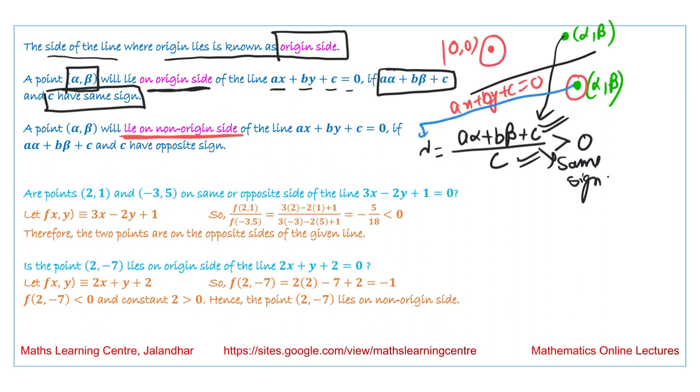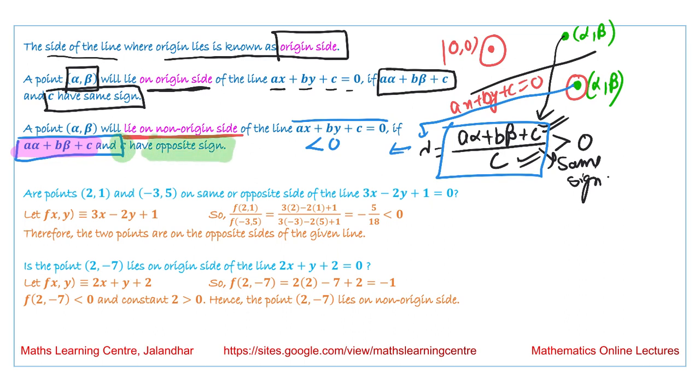The value of lambda is less than 0. It means that a alpha plus b beta plus c and c have opposite signs.